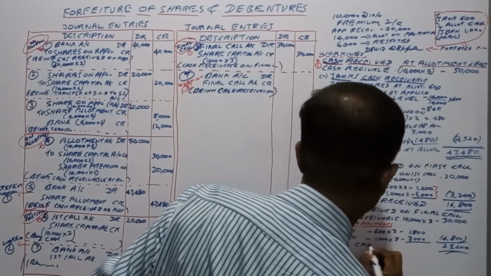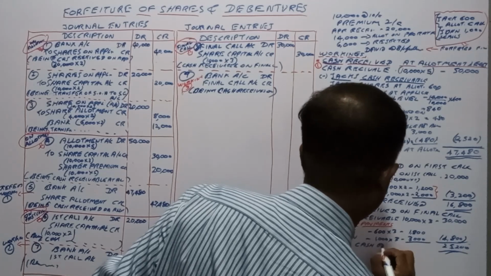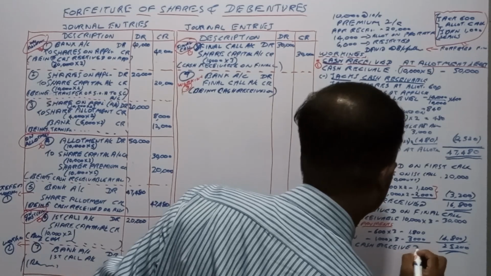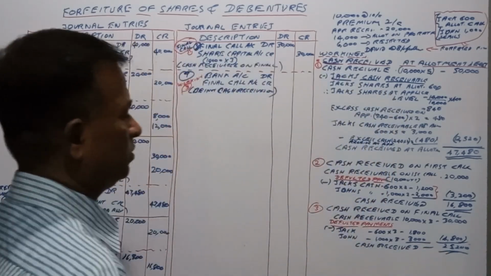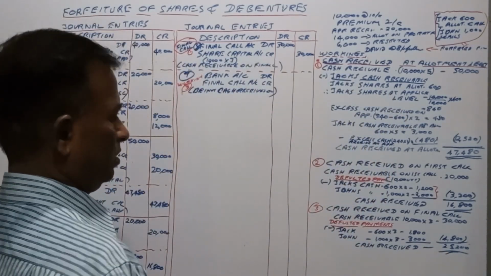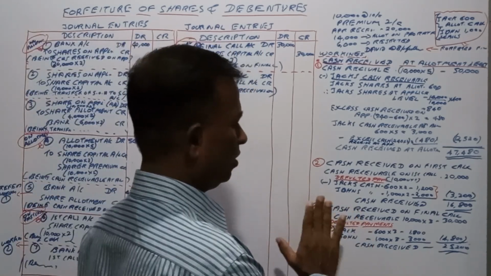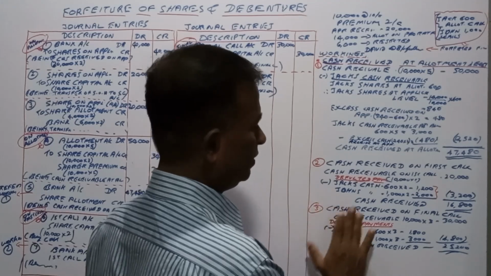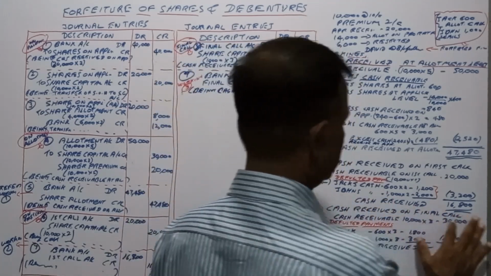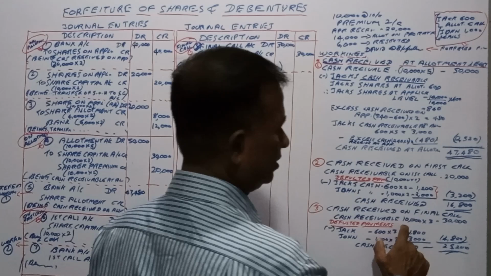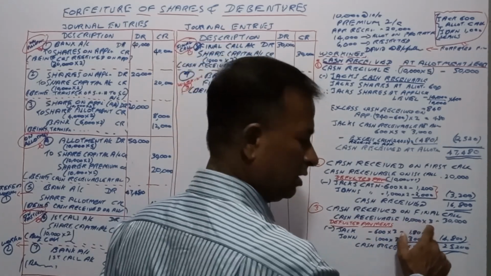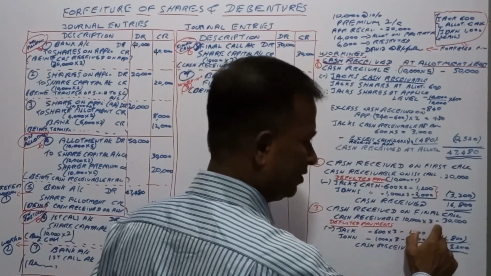Cash received. It's 25,200. Because at final call, cash receivable is 10,000 into 3. 10,000 shares at the rate of 3 rupees.